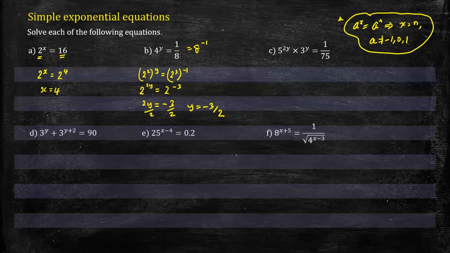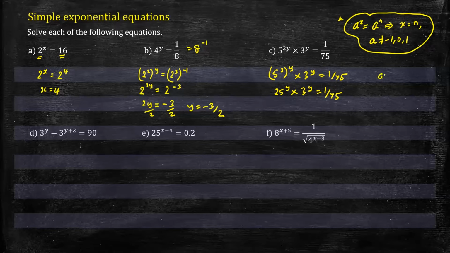In question C, we have 5 to the power 2y times 3 to the power y equals 1 on 75. It's not really clear here what to do, but what I suggest is to put your 5 squared in a bracket, with y on the outside, times 3^y equals 1 on 75. Now 5 squared is 25, so 25^y times 3^y equals 1 on 75. Now we have a common power, but different bases.